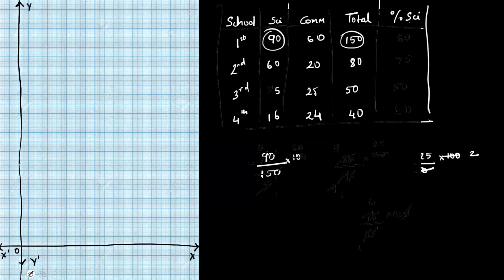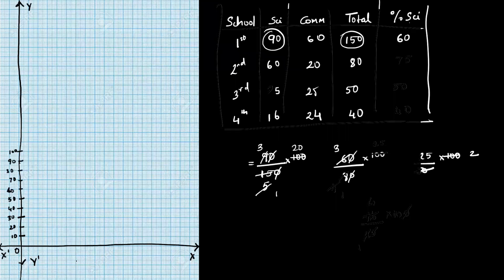This is y dash. And always remember, this will always be 10, 20, 30, 40. In a percentage bar diagram, you don't look at these values. You just start writing these with a difference of 10. And we'll go on to 50, 60, 70, 80, 90, and 100.